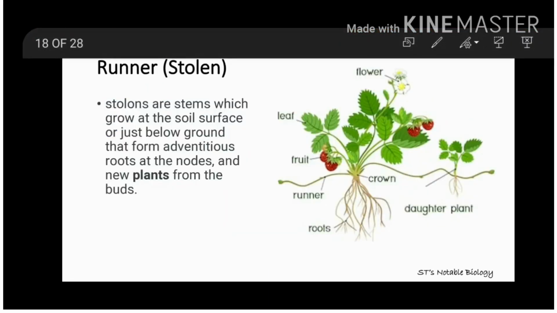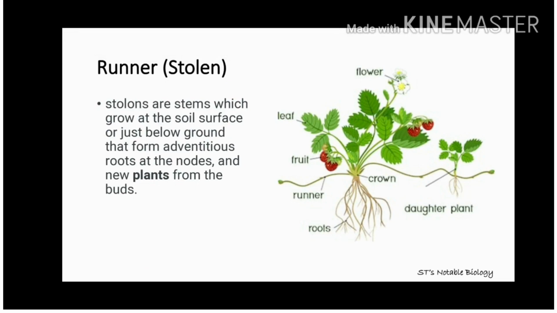Next one is runner. Runner is also called stolon. Stolons are stems which grow at the soil surface or just below the ground and form adventitious roots at the nodes and new plants from the buds. See what the runner actually is. It is a stem which grows at the soil surface, and on this stem there are certain nodes.